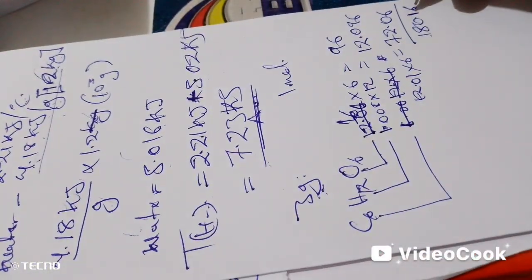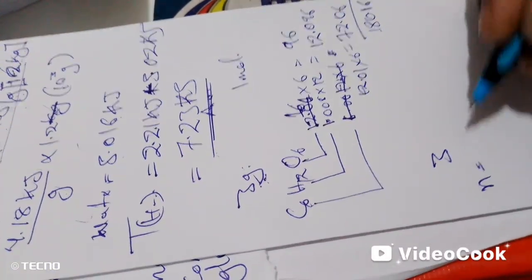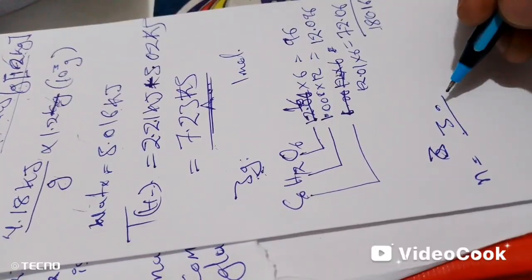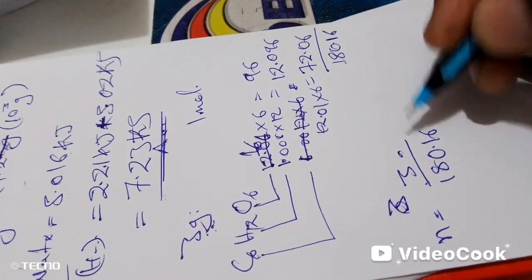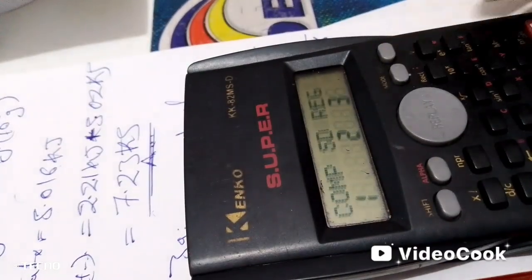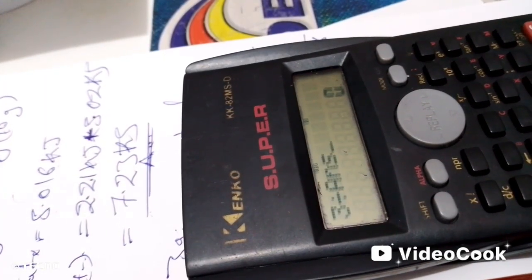So if we're having this as the Mr, we can now say the moles is equal to 3 grams over this Mr, 180.16.